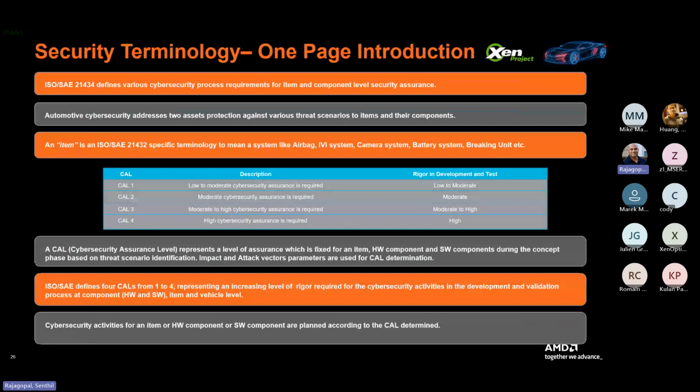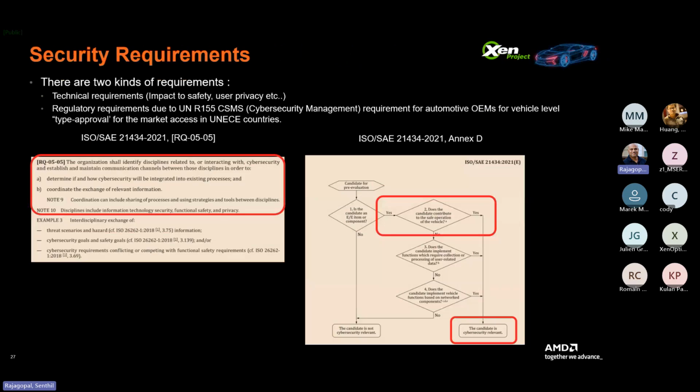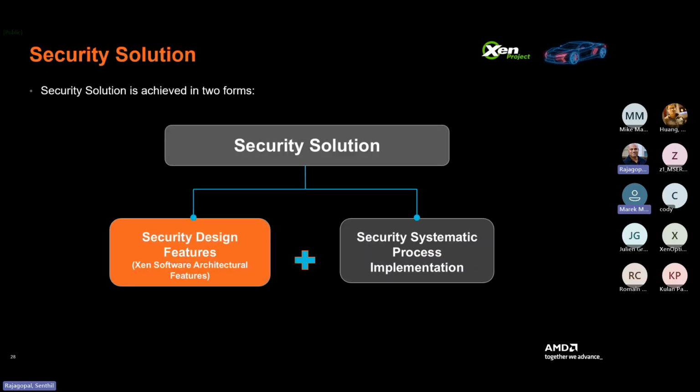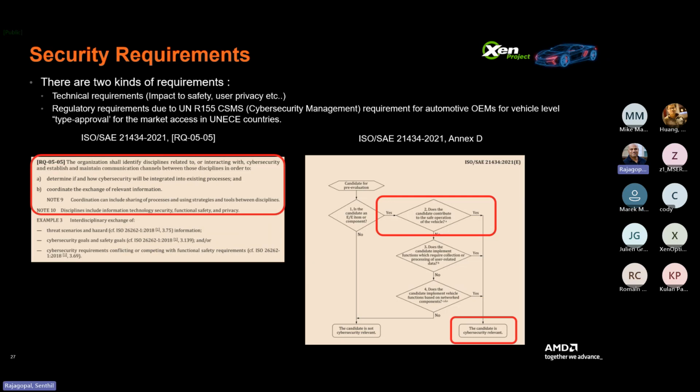What we are talking about is a cyber security assurance level similar to the automotive safety integrity level, and we are targeting the highest cyber security assurance level. If the candidate is contributing to the safe operation of the vehicle, then the candidate is cyber security relevant. That's what ISO 21434 is saying.